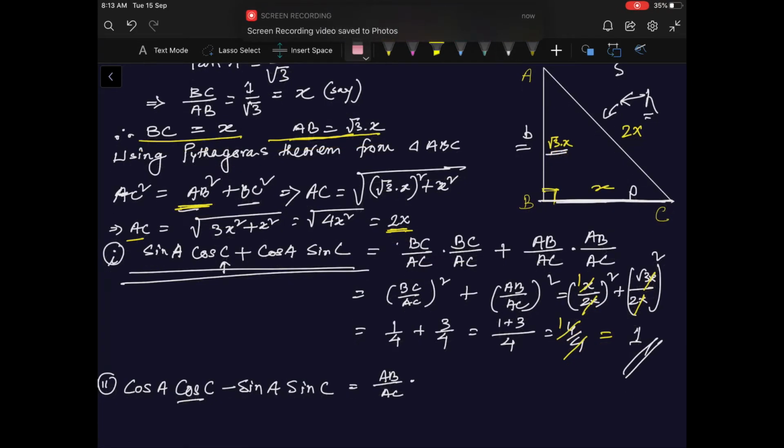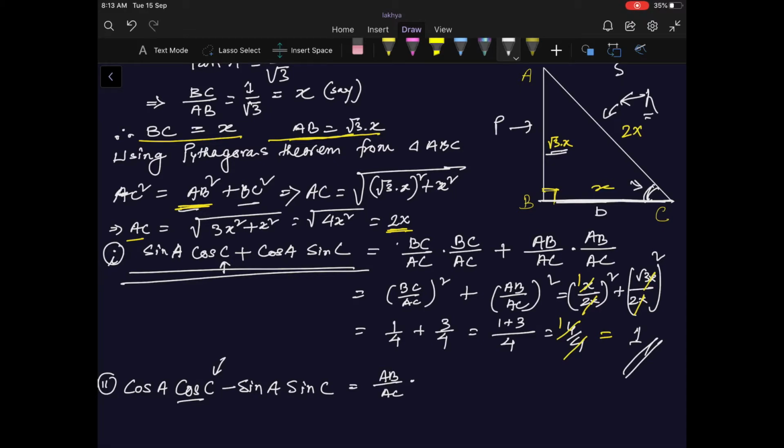Now let us take angle C. So if we take angle C, so here cos C. With respect to angle C, perpendicular should be considered as AB, and base is BC.